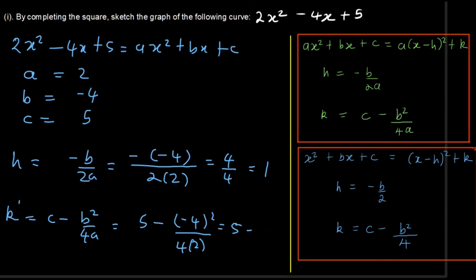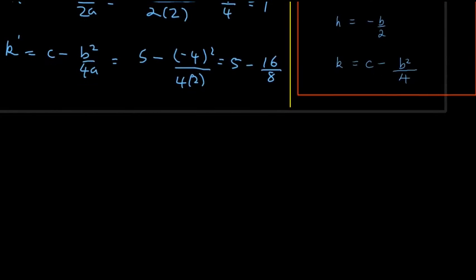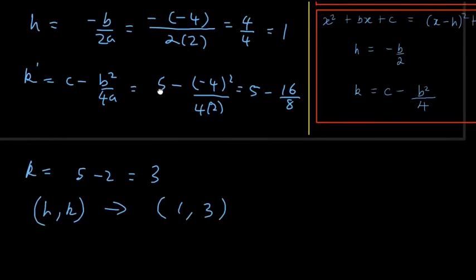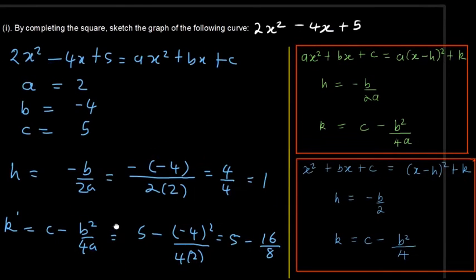So it's 5 minus 16 over 8. So now k is 5 minus 2, which is 3. I hope I didn't make a mistake. Okay, let's just continue. The vertex (h, k) is now (1, 3).